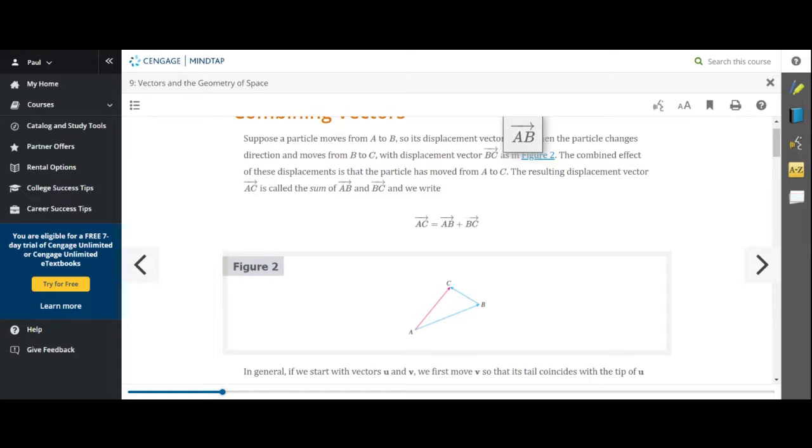You add vectors tip to tail, and that's what they're doing here in figure 2.